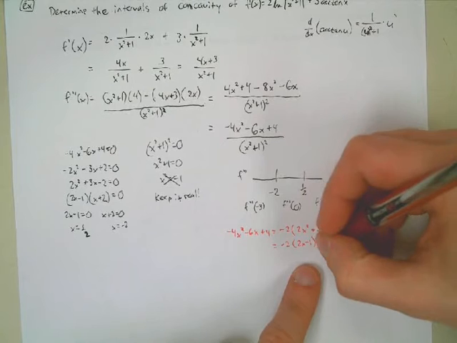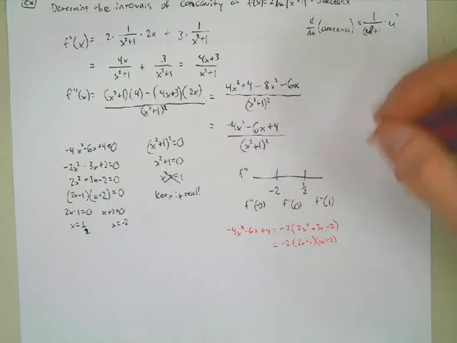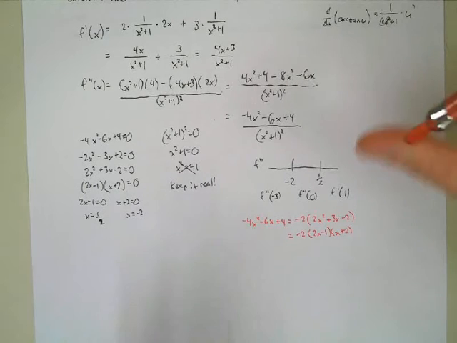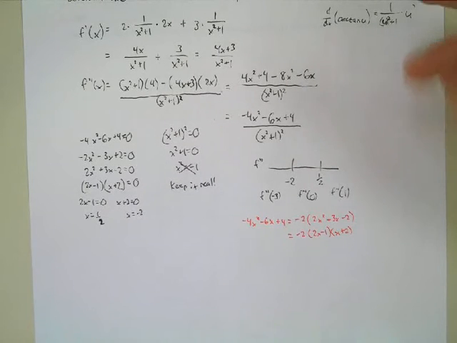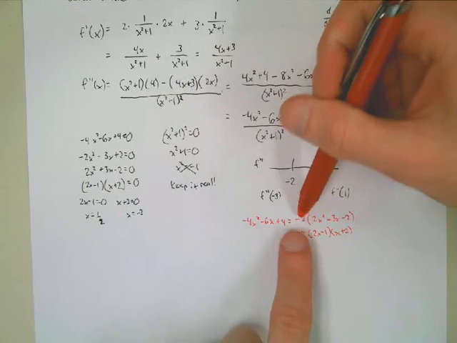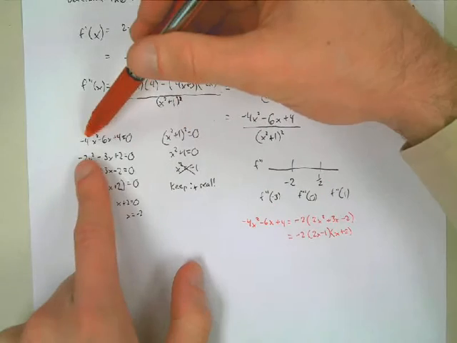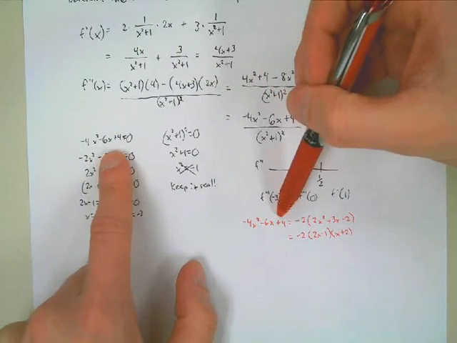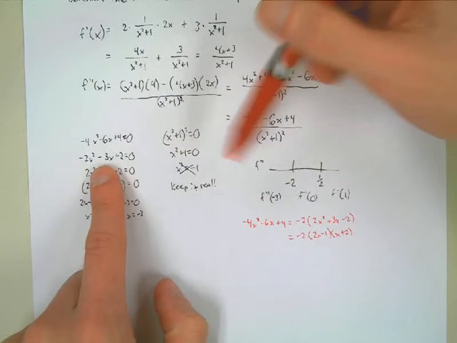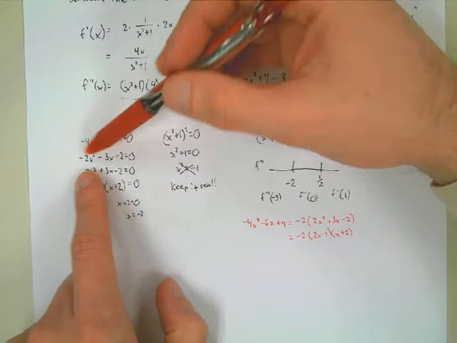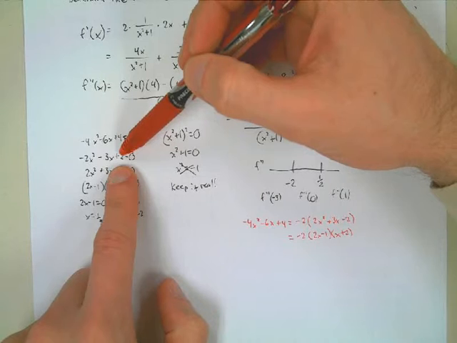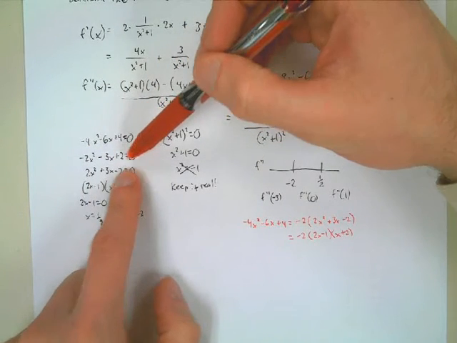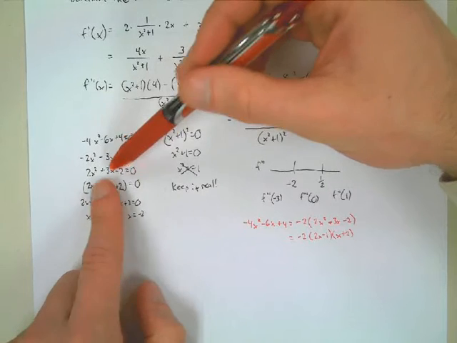Notice here's that thing that I warned you about, when we factor out the -2. When I was doing my work over here, I started with the same exact numerator, but then my next step, I divided both sides by 2. Dividing out the 2 here yielded -2x squared minus 3x plus 2, and then dividing 0 by 2 is just 0. Then I multiplied both sides by -1, yielding this.